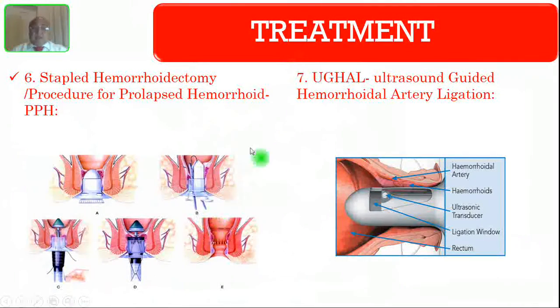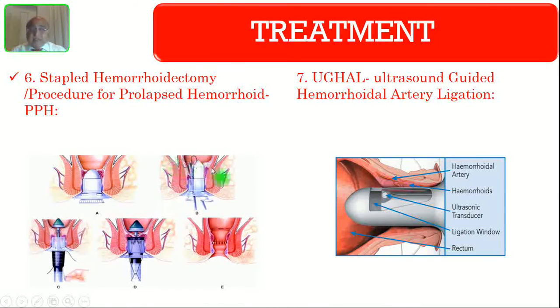So nowadays the latest trend is you can do what is called a staple hemorrhoidectomy, also known as procedure for prolapsed hemorrhoids, or PPH. You have to introduce a cannula here, the obturator, you have to remove it. Then you have to put a pursing suture above the dentate line. Then you have to put this stapler inside, pull the mucosa along with the submucosa.